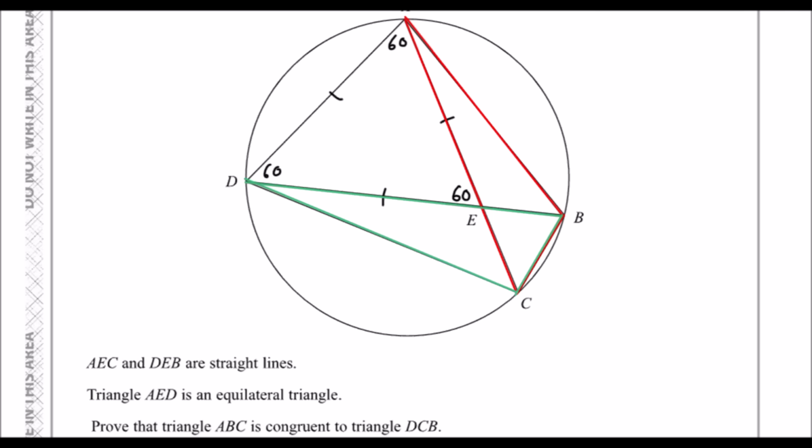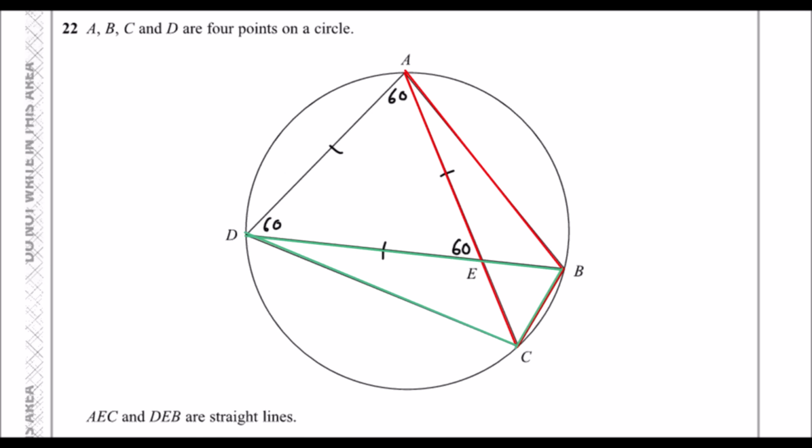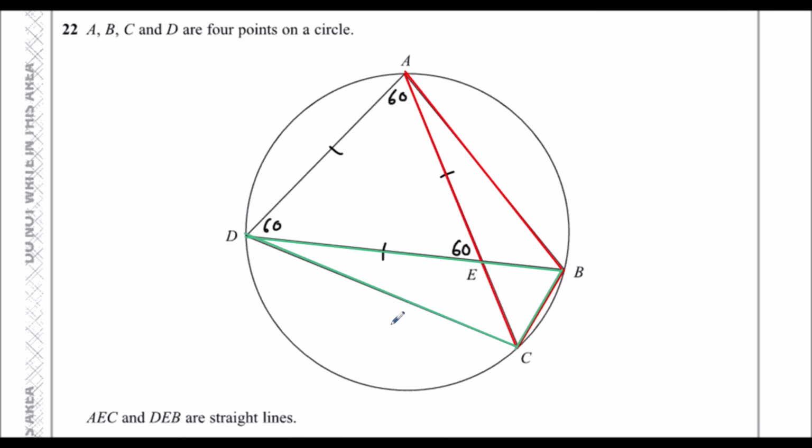So what do we know? Angles in the same segment are equal. So these two angles up here must be equal. We could also say angles in the same segment for quite a few different angles.